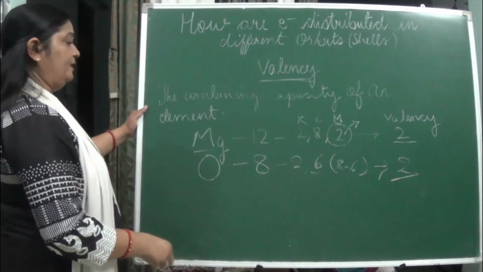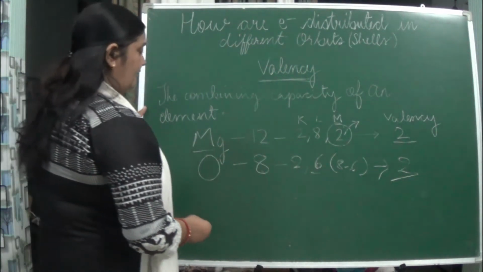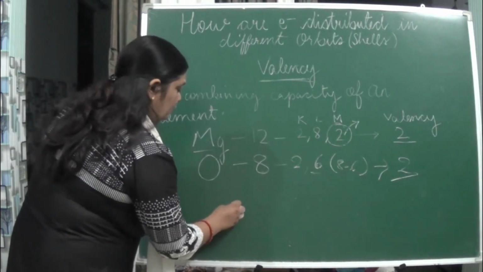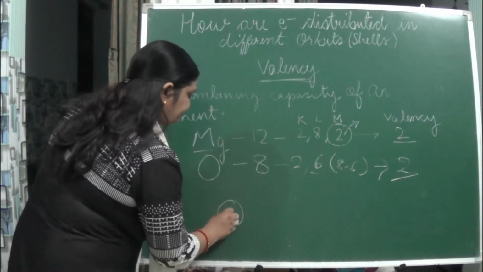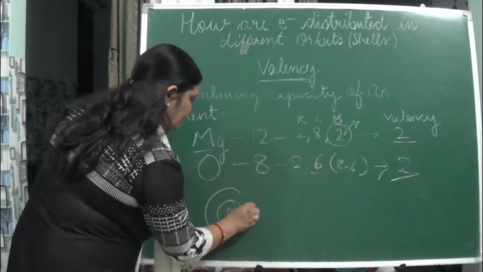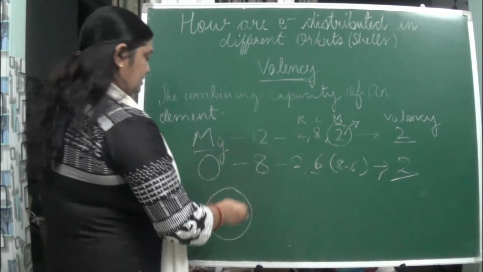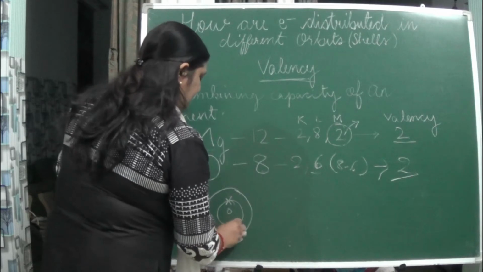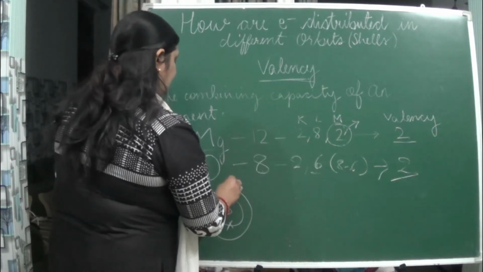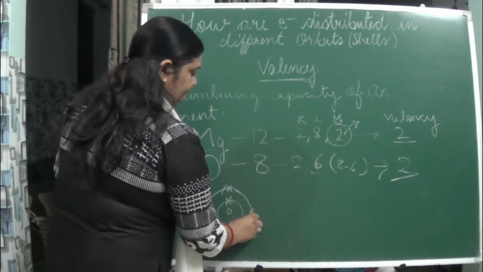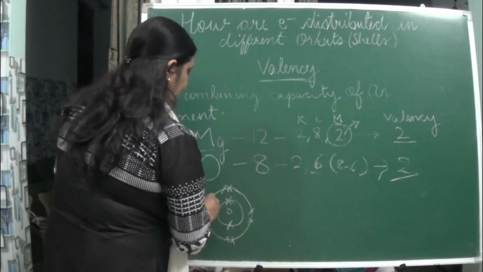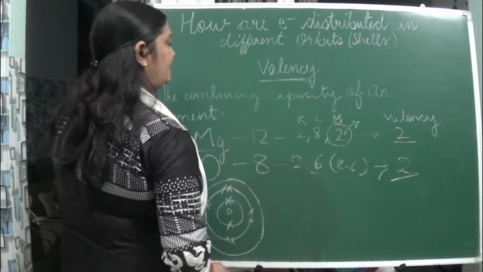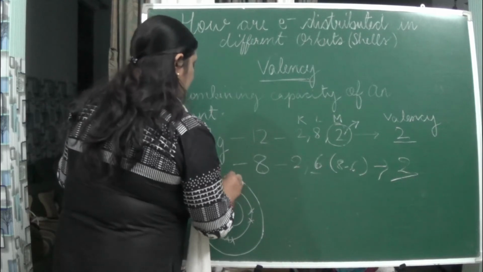Now see what will happen. How will you arrange it? If we are talking about magnesium, it is 2, 8, 2, isn't it? So just start arranging the electrons. In the first shell it is 2, second it is 8, and in the last you will see there are 2 electrons.